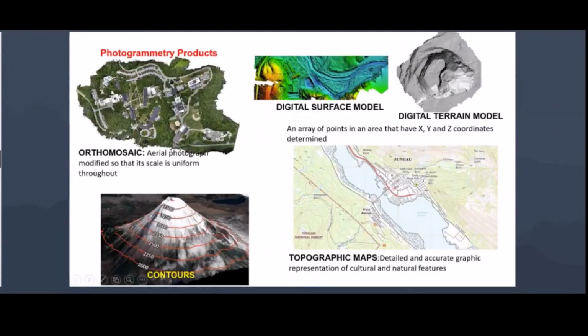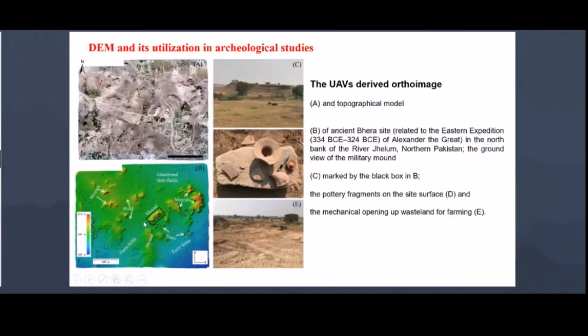So we can get an orthomosaic, digital surface model, contours, and topographic maps of the study area. So here we see a UAV-derived 3D model. Image has been draped over it.